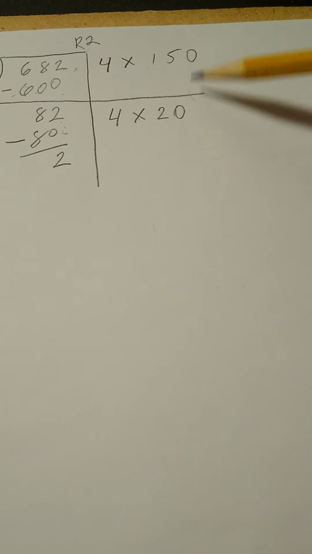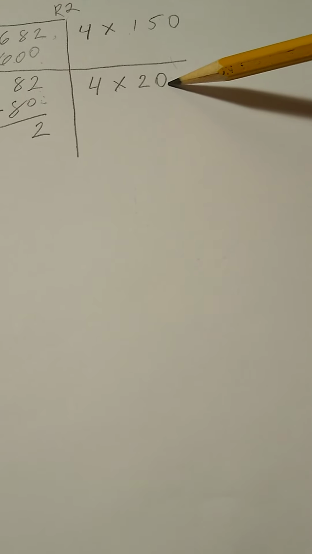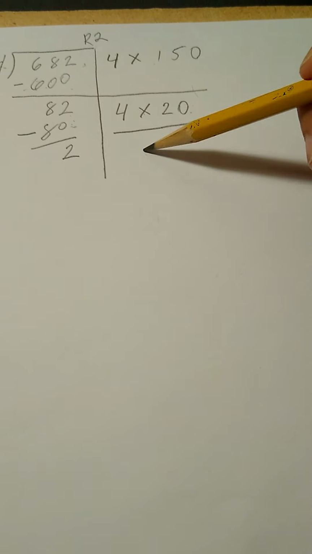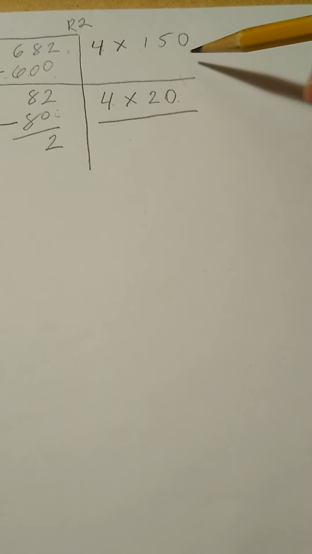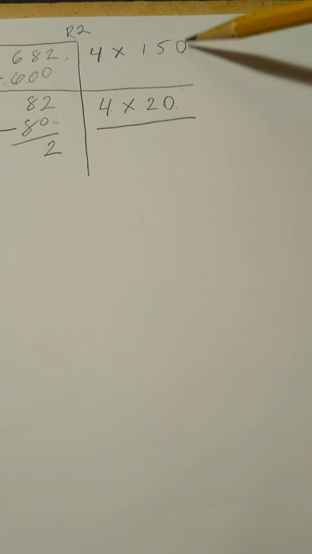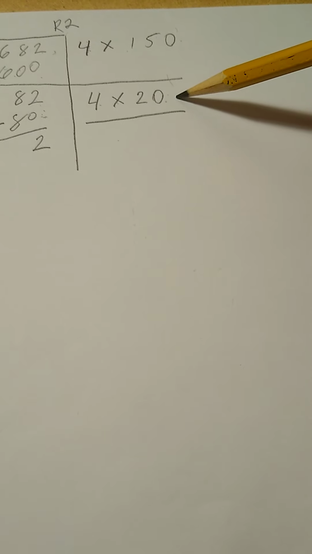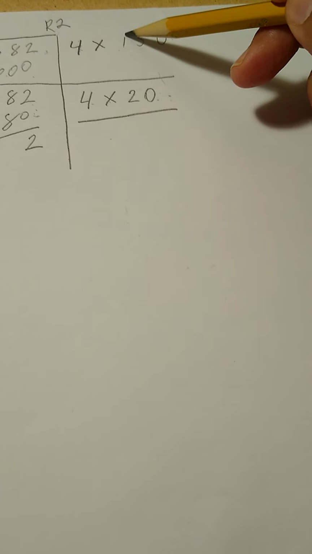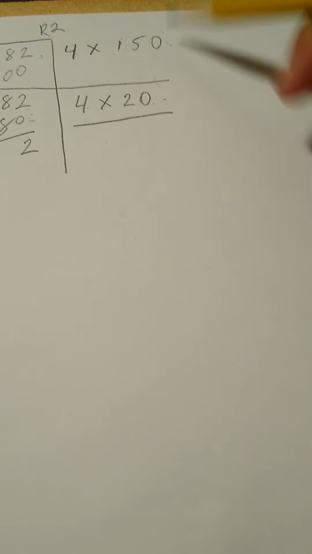And what you do is you add the partial quotients, right? You do not add these numbers. You do not add them. Only the numbers that are in the hundreds and the tens. So there's 2 tens, and then there's 150 in the hundreds.